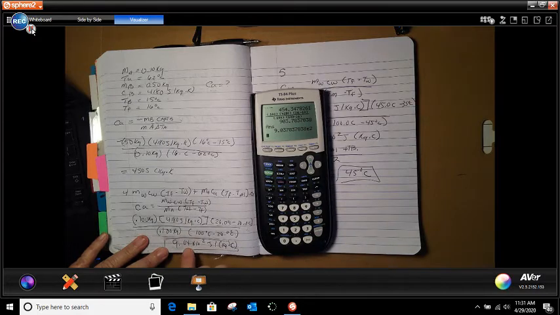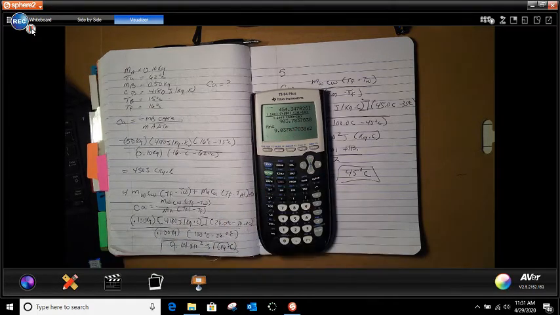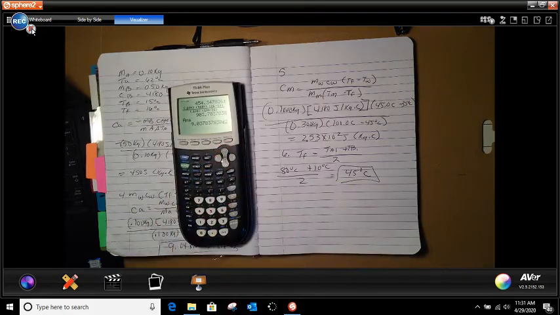I rounded it to 4 because that 7 tells me I need to. And then question number 5 says that 3 metal fishing weights have a mass of 1.00 times 10 to the second gram, and the temperature is 100 degrees Celsius, are placed in 1.0 times 10 to the second gram of water. The final temperature of the mixture is 45.